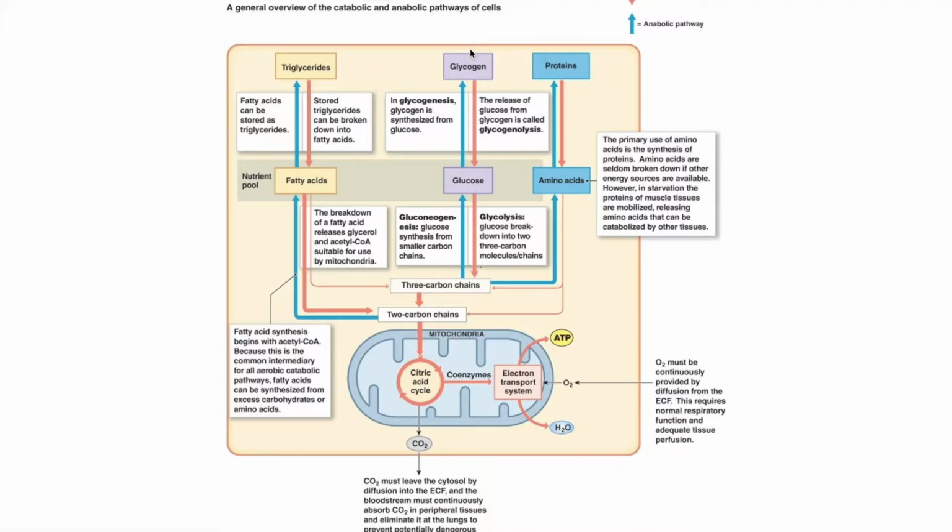Glucose can be stored as glycogen, or it also can be broken down for energy. Amino acids form proteins, and they can be used for energy if needed, but that's a thin line because we don't use them for energy unless we absolutely have to. Carbohydrates like glucose are the preferred energy source under resting conditions.